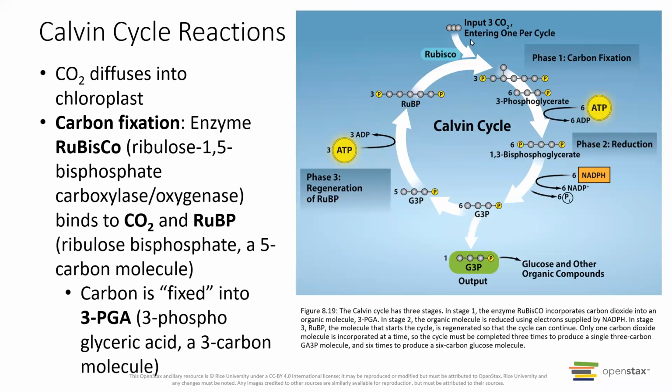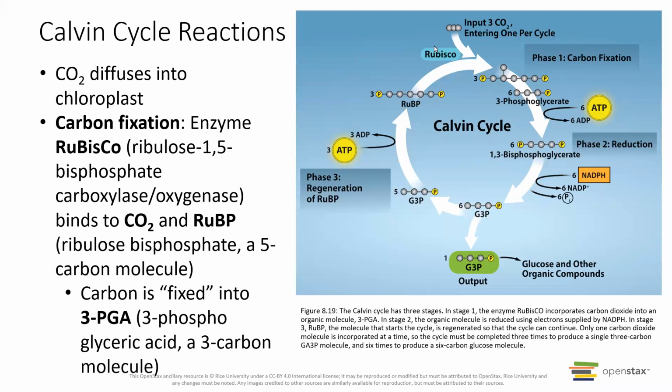Okay, so the rubisco binds the carbon dioxide to the RuBP, and then we end up with this 6-carbon molecule, which we split into 2 3-carbon molecules, 3-phosphoglycerate, and then we use the energy from an ATP to do that. Now, if you're wondering, hang on, we have 3 of these and 6 of these, what?